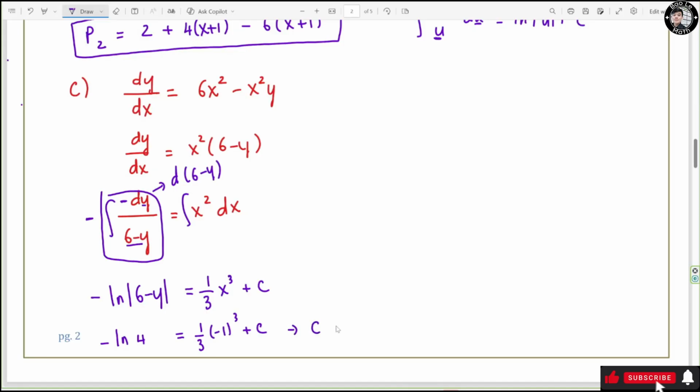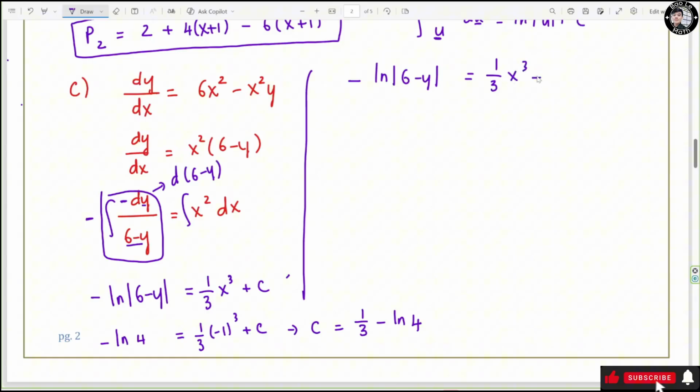So c equals 1/3 minus ln 4, right? So then the equation right here becomes negative ln of absolute value of 6 minus y equals 1/3 x cubed plus 1/3 minus ln of 4, right?